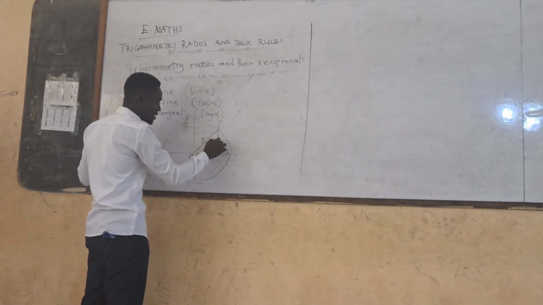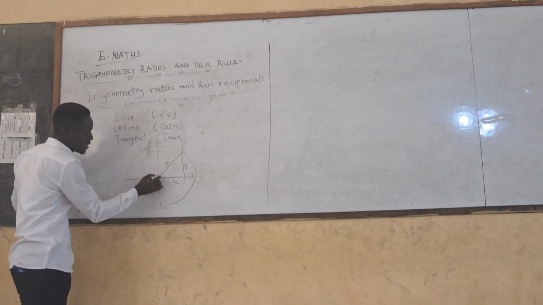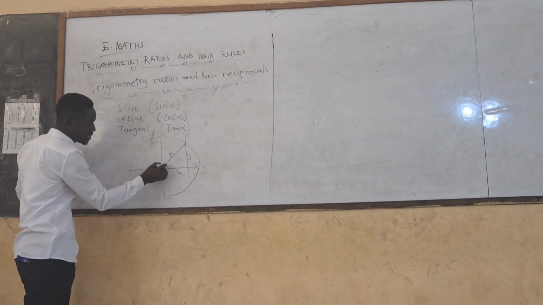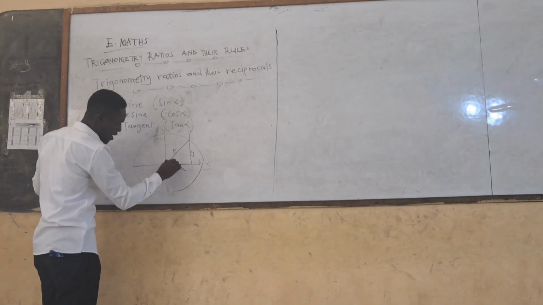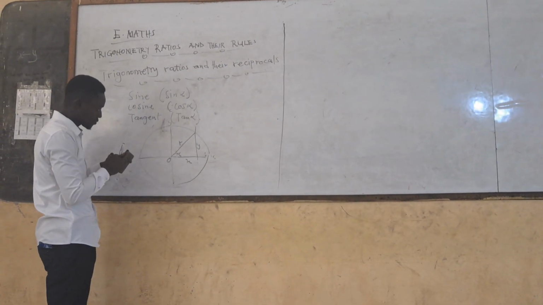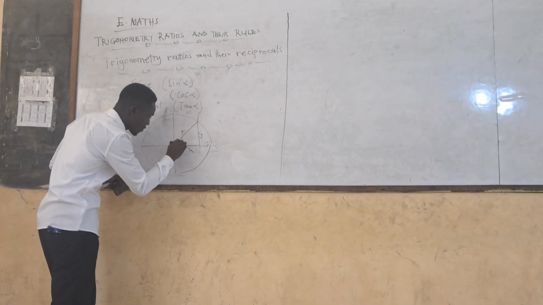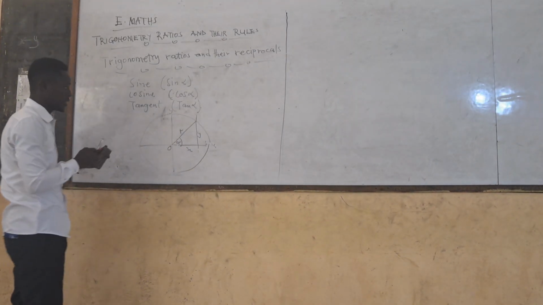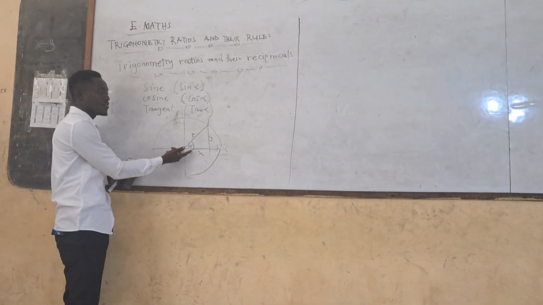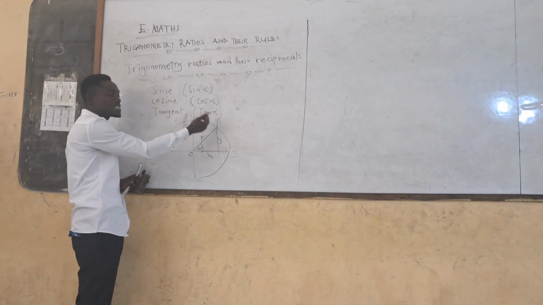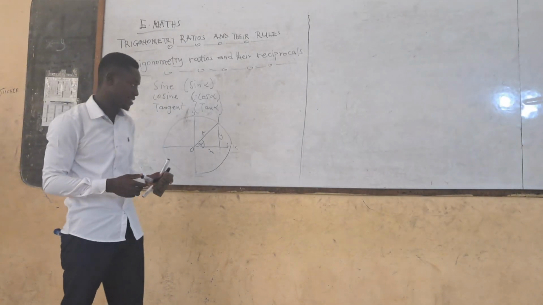This one is our y, and from this side to this side, this is our angle alpha. In trigonometry, we measure anti-clockwise, from 0 degrees. That's called the anti-clockwise direction.